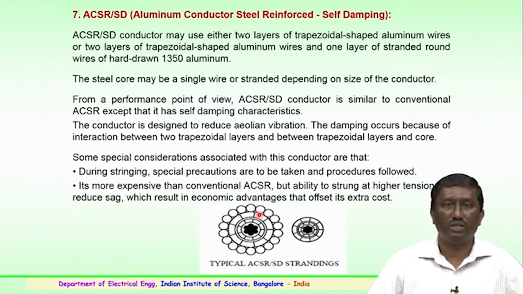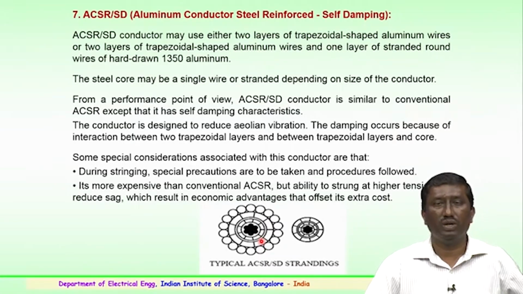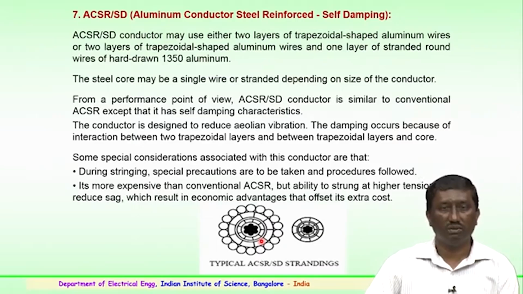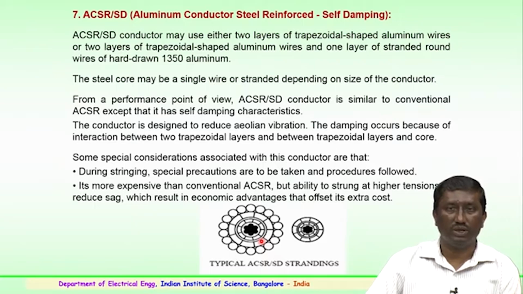So, the damping occurs because of interaction between the 2 trapezoidal layers, which is happening here, and between the trapezoidal layers and the core, that is the steel core inside. So, this will be helpful for damping the oscillations mainly because of aeolian vibrations.